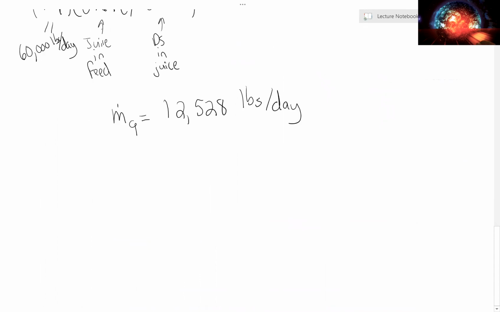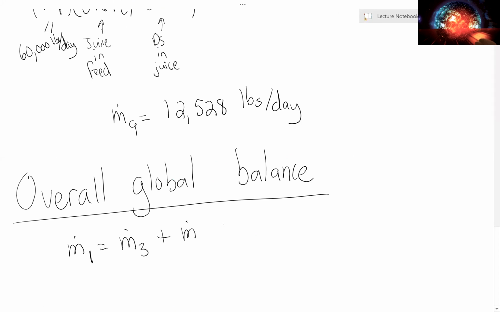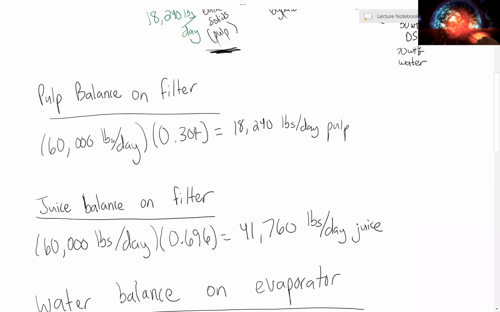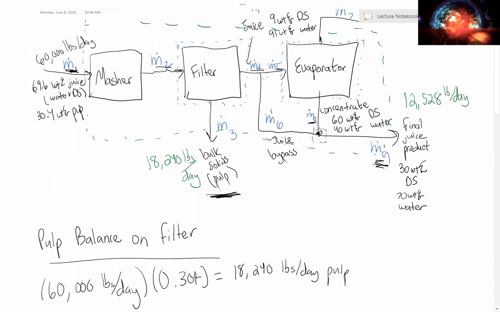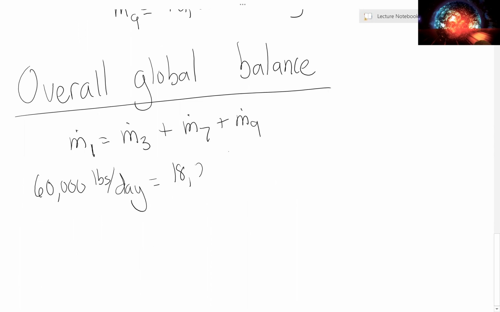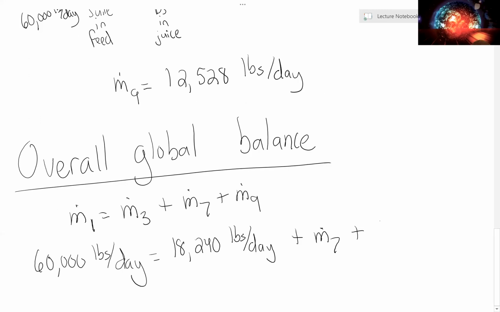Which says, if I look at an overall global balance, M1 has to equal M3 plus M7 plus M9. M1 is 60,000 pounds per day. M3 was 18,240 pounds per day. And M9 we just found at 12,528 pounds per day.